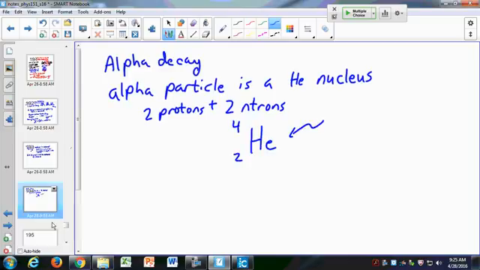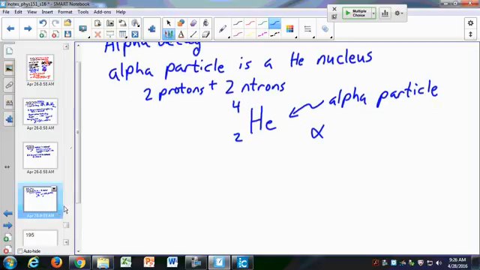This is an alpha particle. Although we often call it radiation, it's not technically radiation in the same way that light is radiation, but it is a particle that travels at high speed. Sometimes you'll see this as the Greek letter alpha, but not in this class. Alpha decay occurs in a lot of different cases.